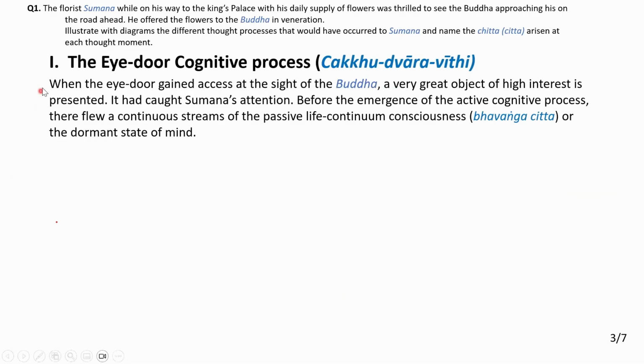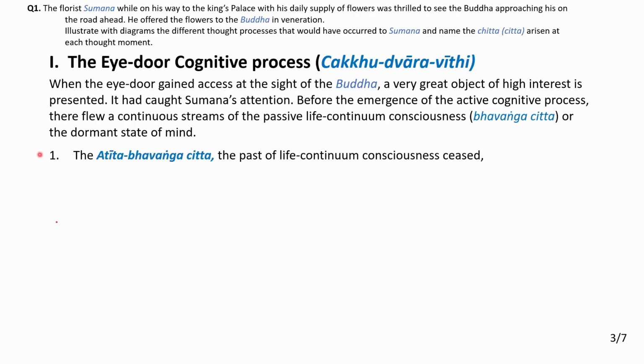For explanation, when the eye door gains access to the sight of the Buddha, a very great object of high interest is presented. It caught Sumana's attention. Before the emergence of the active cognitive process, there flowed a continuous stream of passive life continuum consciousness, bhavanga citta, or the dormant state of mind.